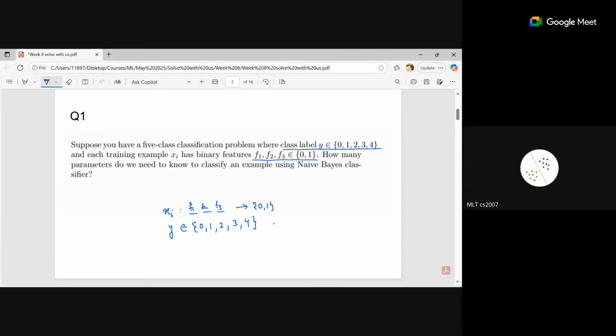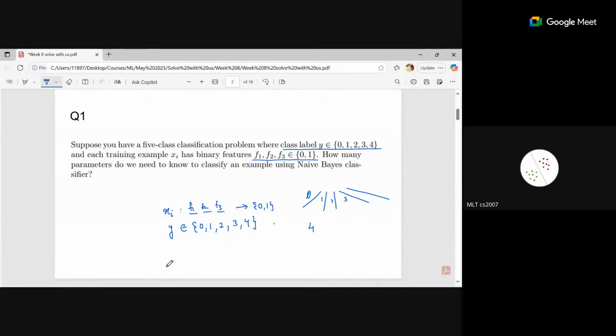As the question says, you have five labels, right? So if you have five labels, you need to know at least four of these parameters. This may be for 0, for 1, for 2, for 3. At least any four you need to know. If you know any four, you can get the fifth one. So for these, we need four parameters.